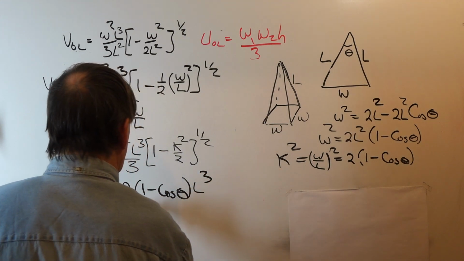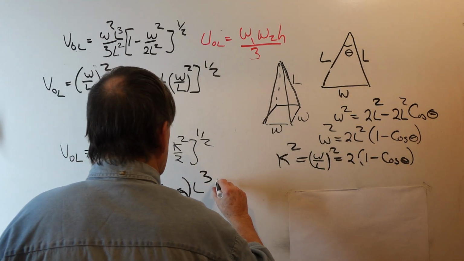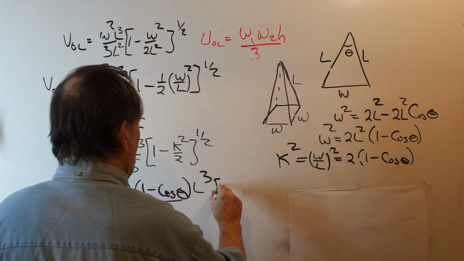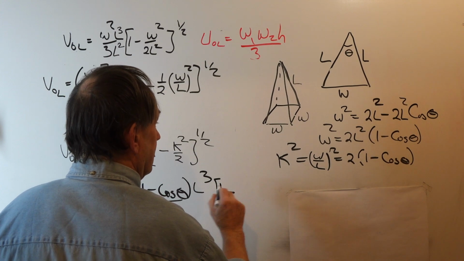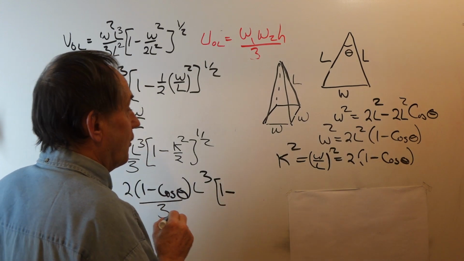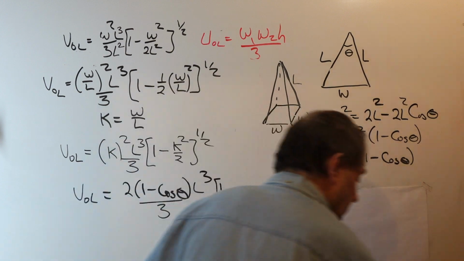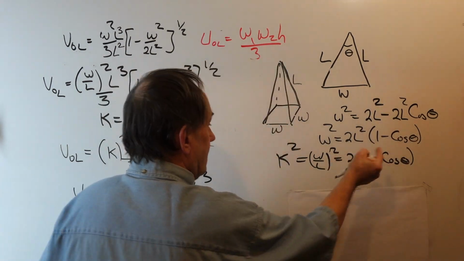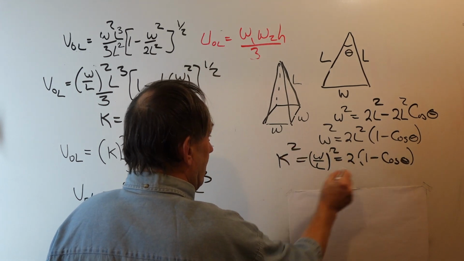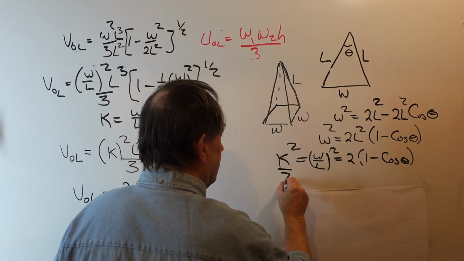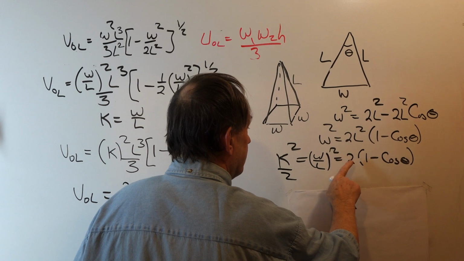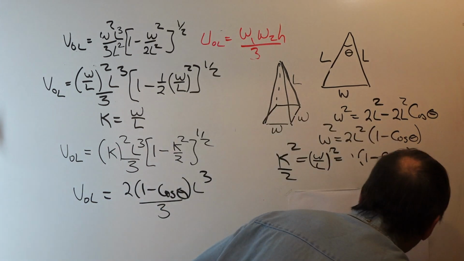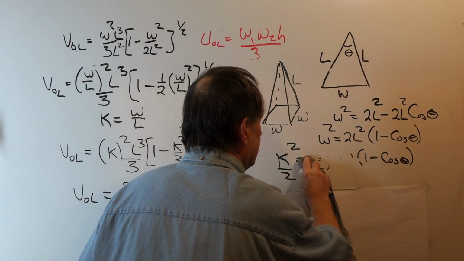L cubed all over 3 times 1 minus K squared over 2. Well, let's look at what that value would be. If we take K squared over 2, we bring our 2 down here. The 2 disappears. I'm going to get rid of that there.